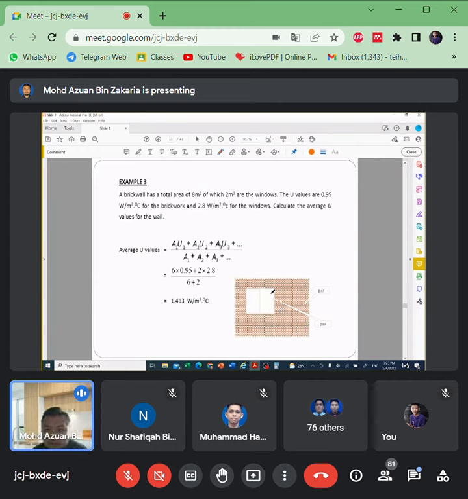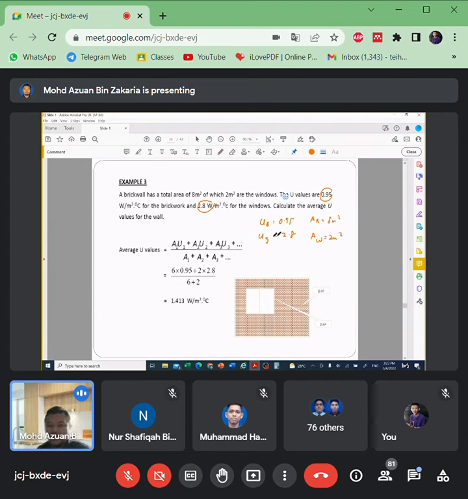For example, brick wall U value is 0.95 and the windows is 2.8. So we have U value brick, 0.95, and U value glass, 2.8. And then we have area brick, 8 meters squared, and area of windows, 2 meters squared.